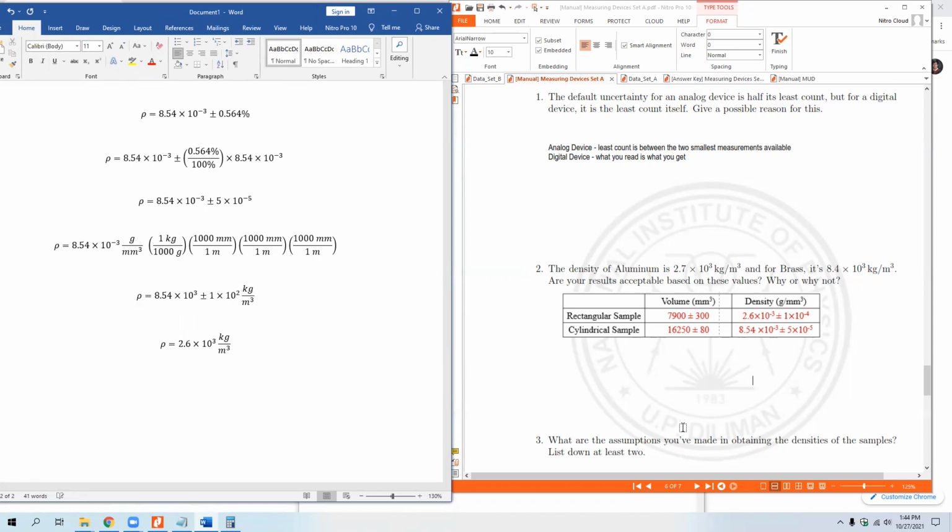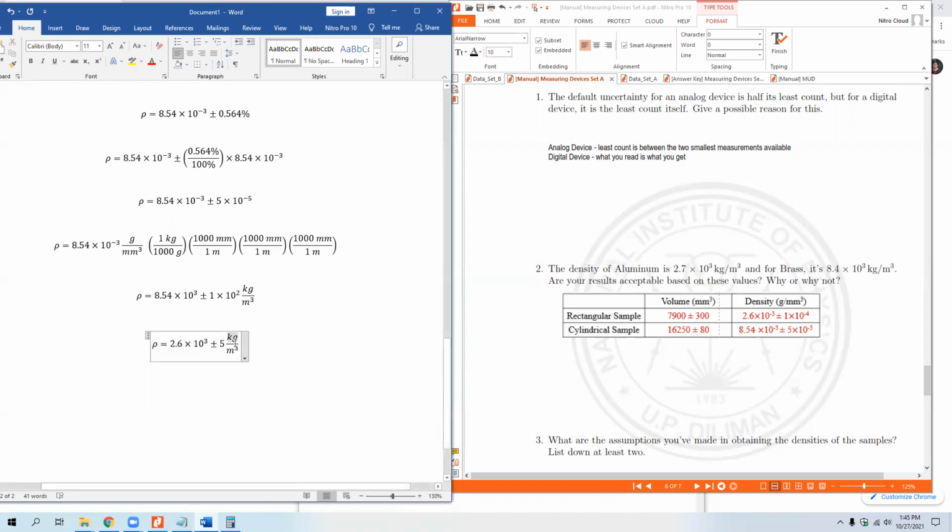And for the other sample, it should be 5. Okay. So the density of aluminum is 2.7 times 10 to the 3. So it's close to this. Our range of absolute uncertainties is plus minus 5. So 2.6 does not reach the density of aluminum. So our material will not be acceptable for rectangular.